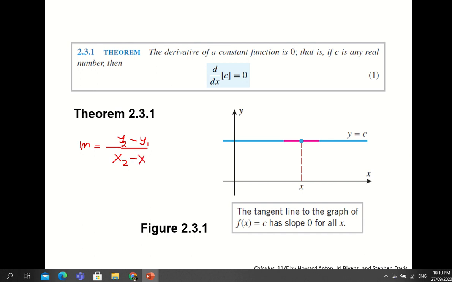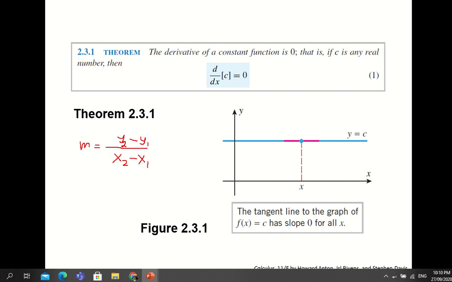So the slope of the line is defined using the knowledge that we have in analytic geometry. If you subtract the two vertical values, there's no difference. That's why the difference is 0. So 0 divided by anything. Your x here could be any values, a difference of two values of x. Then your numerator is already 0. So 0 divided by any number is equal to 0.